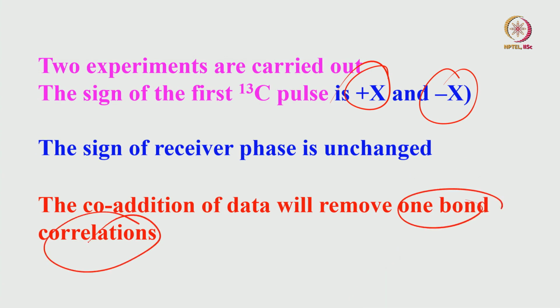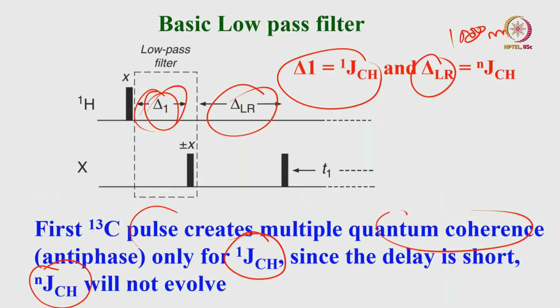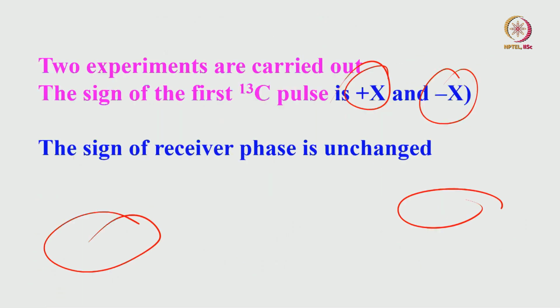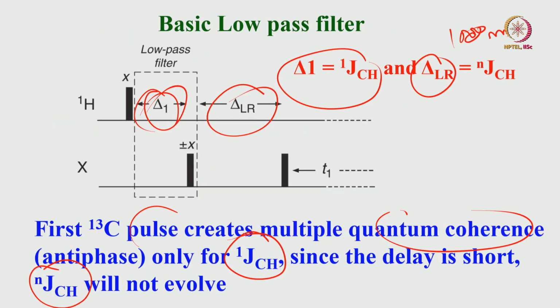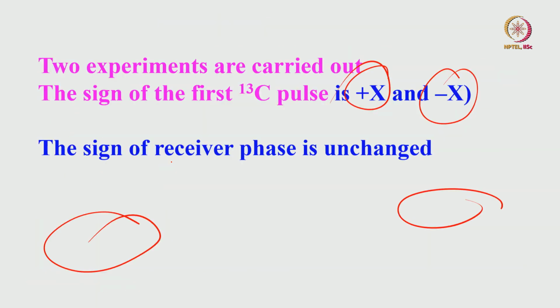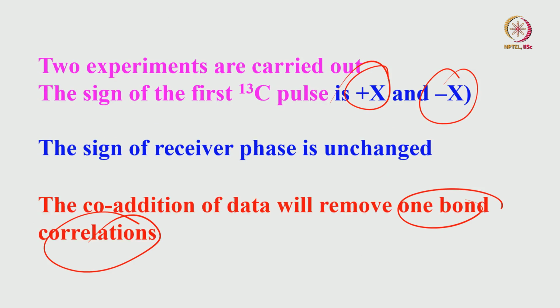You remember how we do the suppression of one bond JCH correlation in HMBC? We have a filter here. We set the value of the filter for long range coupling and do two experiments, with the first carbon 13 pulse being plus X and minus X. First you do plus X, second time you do minus X, keeping the receiver phase constant both times.